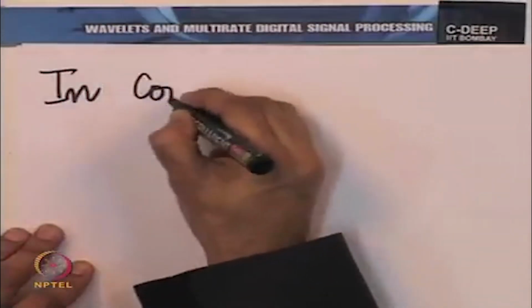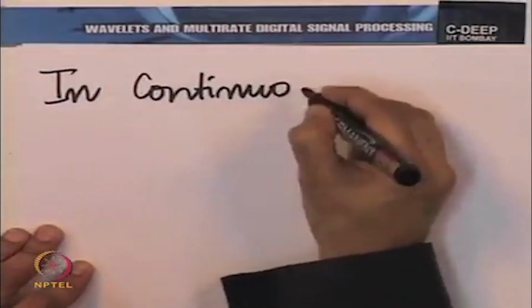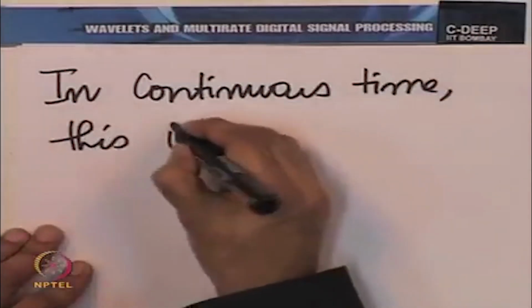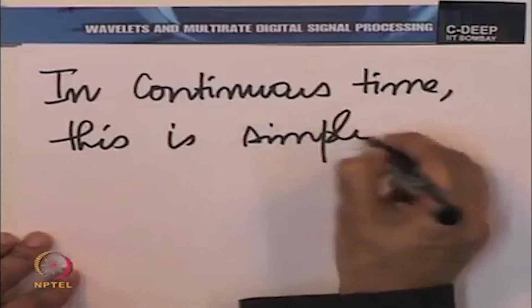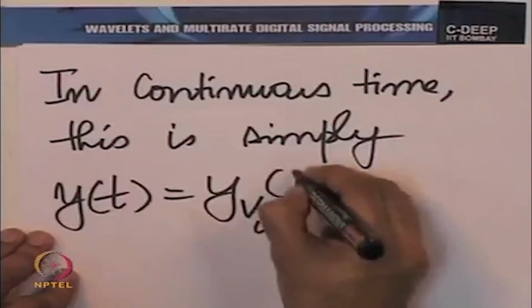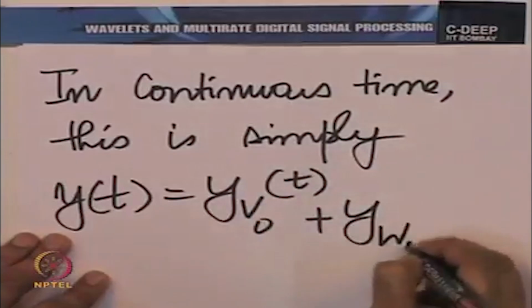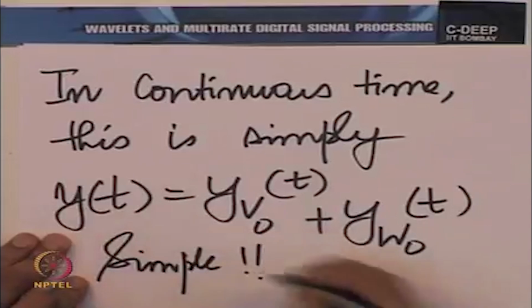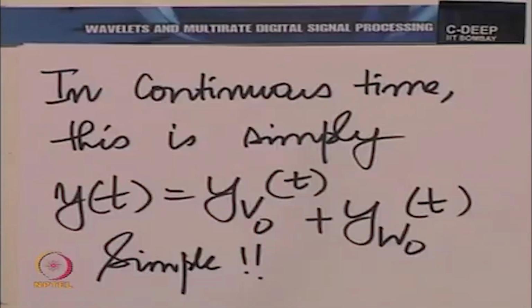In continuous time, y(t) is simply yv0(t) plus yw0(t). So simple, you just add them, but that is in continuous time. When you want to do it in discrete time, you have to work a little harder.